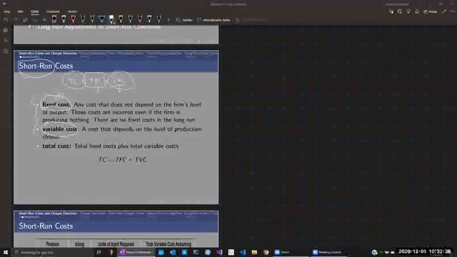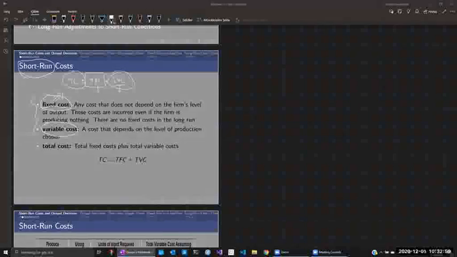If you have a contract with a landlord, then you have to make these rent payments. But in the long run, you can terminate this contract, or you can maybe rent another place, a franchise, for example, so that you can increase the size of your enterprise. So you can also change the amount of rent payments that you are making in the long run. But in the short run, we assume that you cannot make these changes.